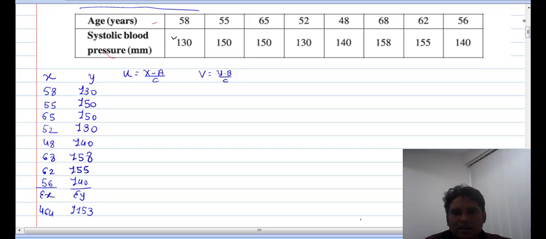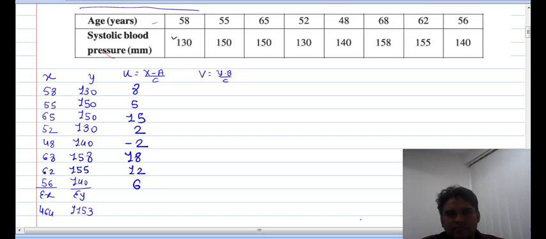I hope this is clear to you. So 58 minus 50, 8; 55 minus 50, 5; 65 minus 50, 15; 52 minus 50, plus 2; 48 minus 50, minus 2; and this is plus 18, 12 and 6, right?